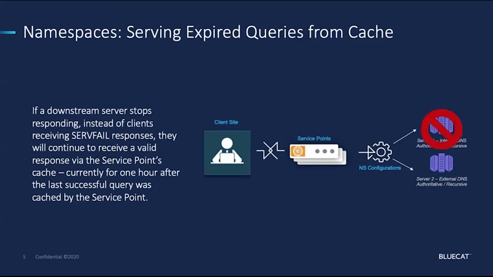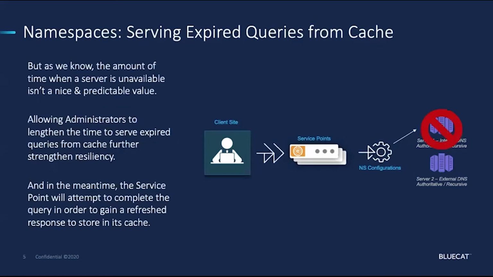So in this case, we see that server 1 has gone down, but again, instead of receiving a serve fail response, if a cache response is available at the service point, the client will receive this response. Now, as we know, the amount of time when a server is unavailable isn't always a predictable value. So we're allowing administrators to lengthen the time to serve the expired queries from cache as a means to further the resiliency on the network.